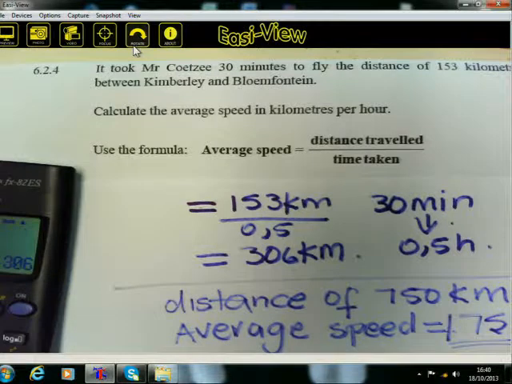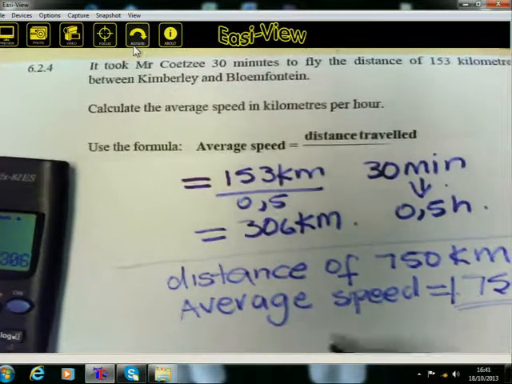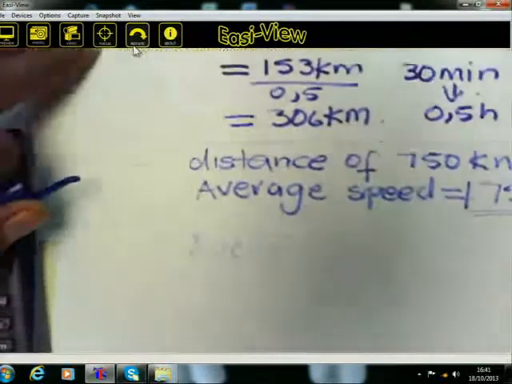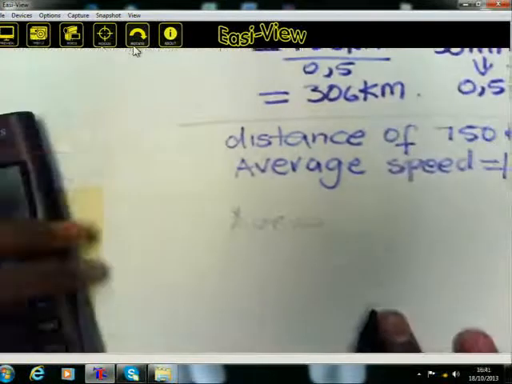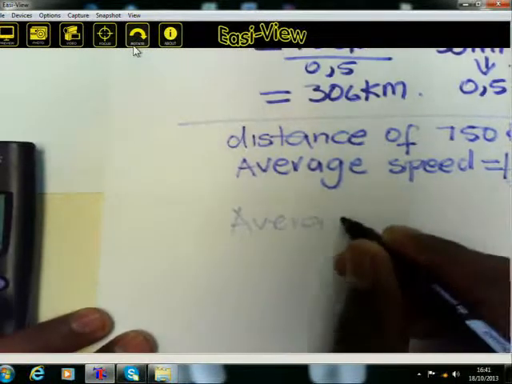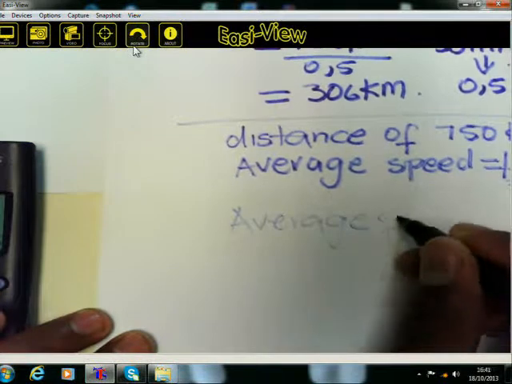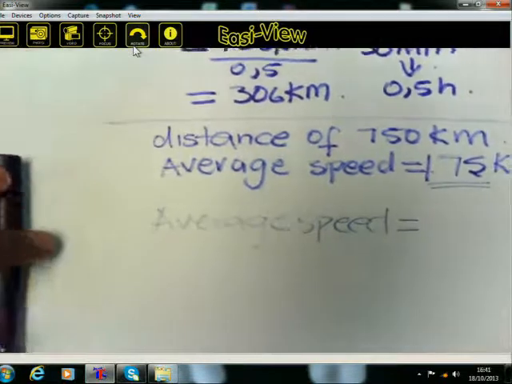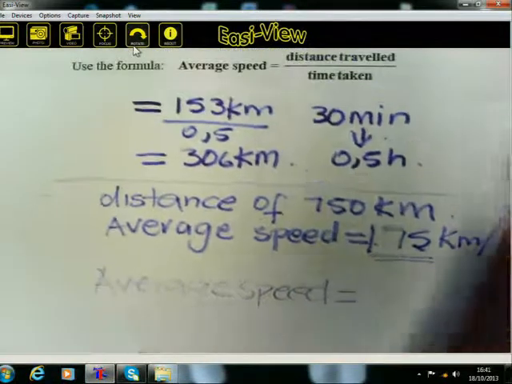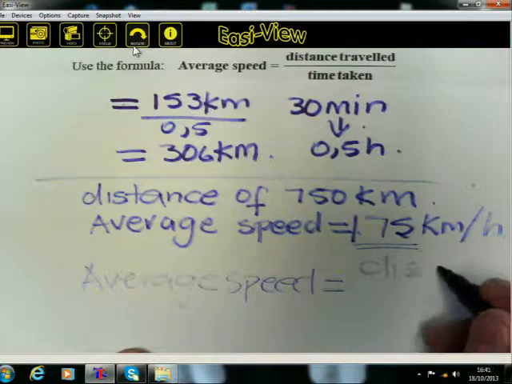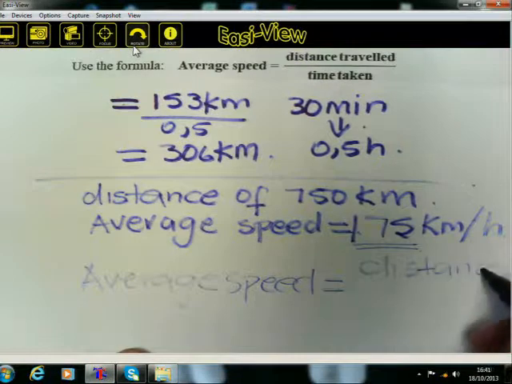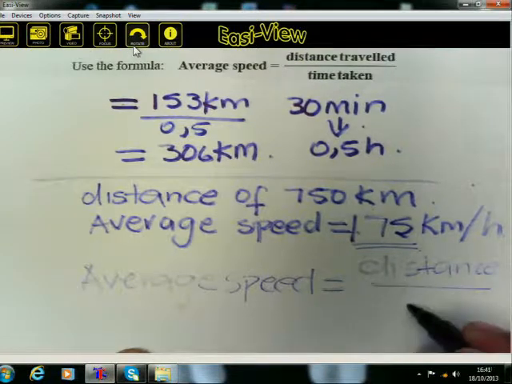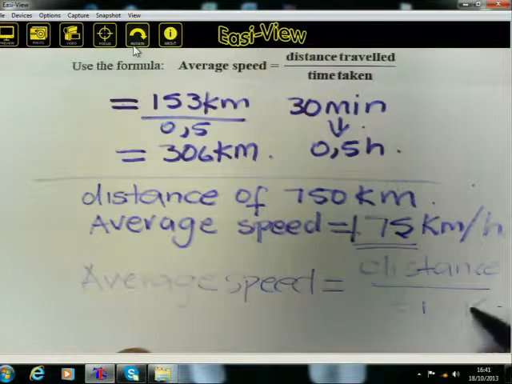Therefore, here we are looking for time, and average speed is equal to distance over time. Remember, we are looking for time.